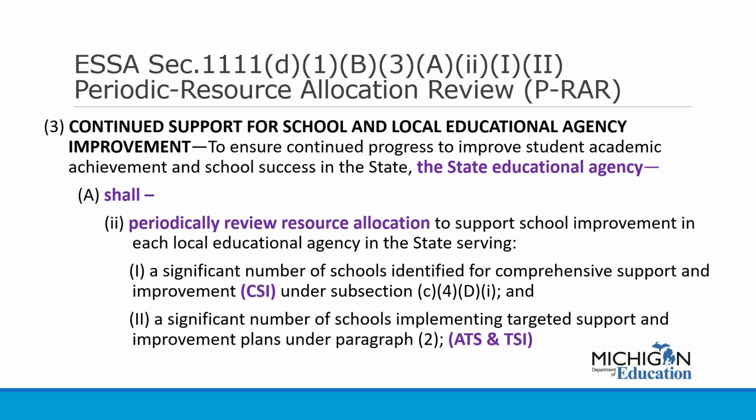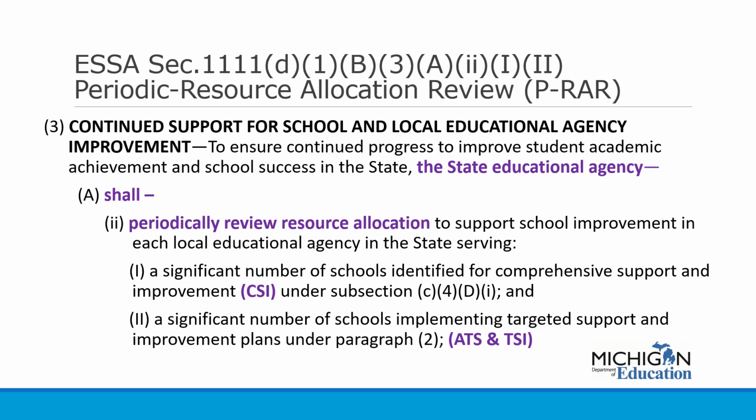This slide details the ESSA legislation regarding the Periodic Resource Allocation Review. Specifically, subsection 3, continued support for school and local educational agency improvement, mandates that the state agency, MDE, shall complete certain activities.